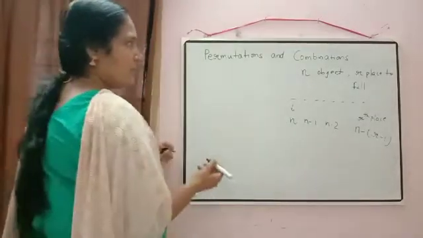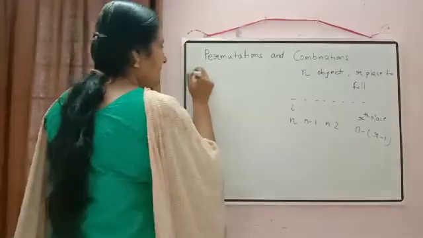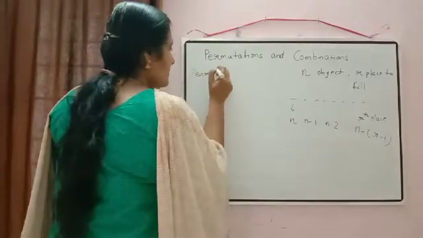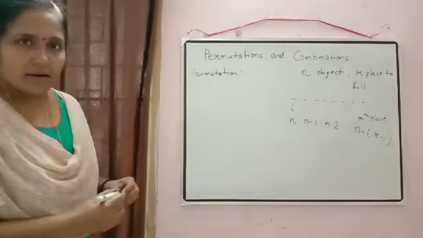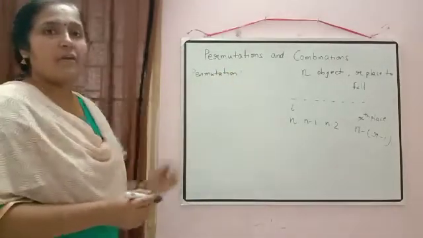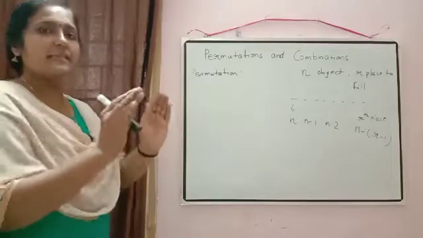So just write down, all of you. Put the heading there, permutation. Now write down there, permutation of n objects. Permutation means arrangement.